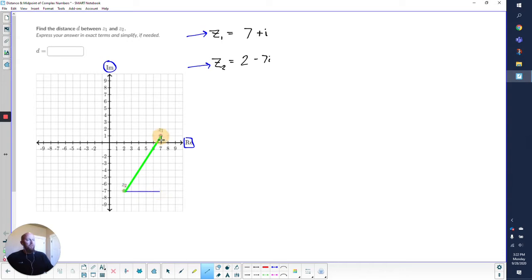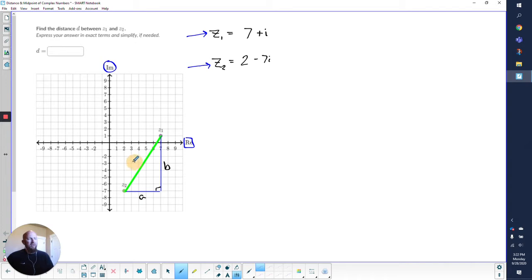Now, there was a nice formula back in geometry class everybody learned called the distance formula, and you could apply that here. But if you're already dealing with a plot, it's actually pretty easy to count out the difference in horizontal values versus the difference in vertical values, and then treat this like an a squared plus b squared equals c squared thing.